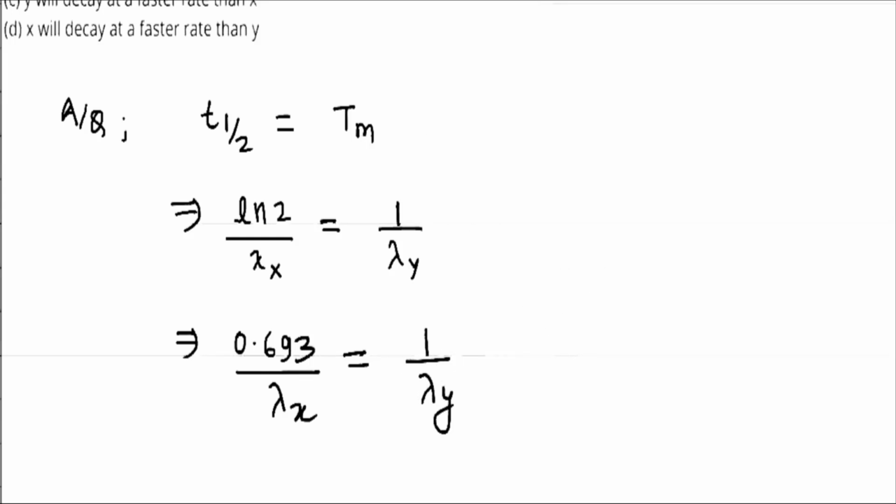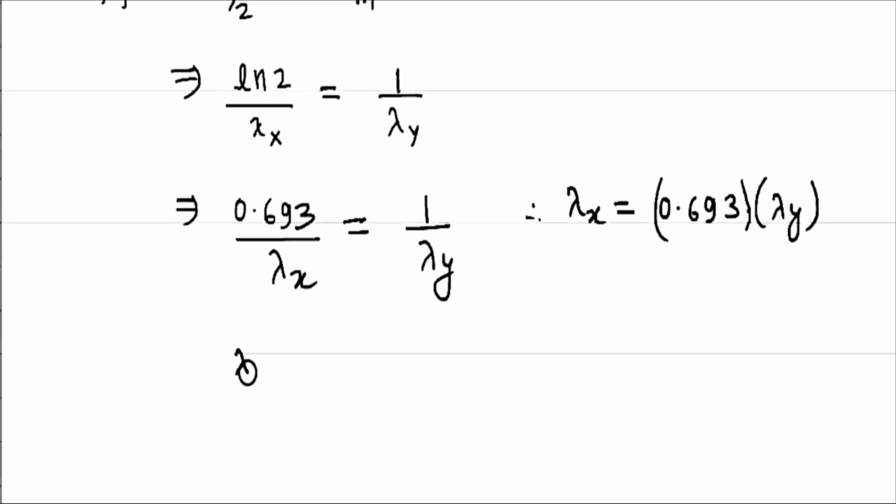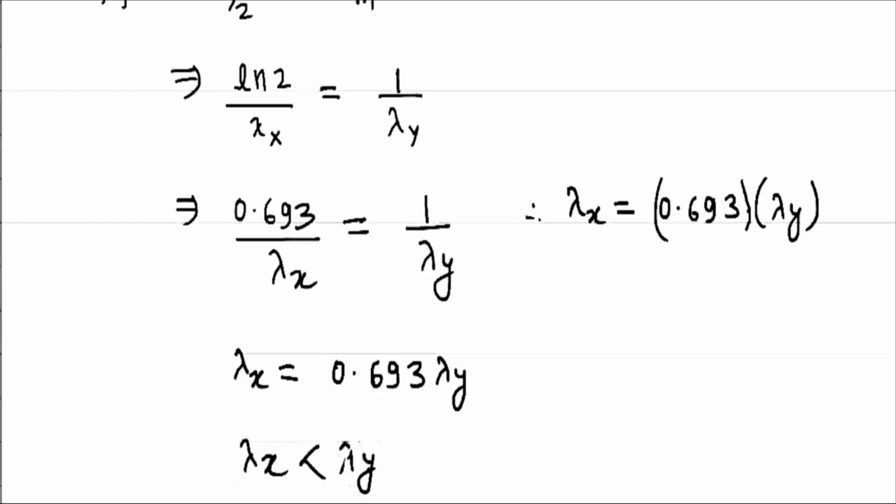From here we can write lambda of x will be equal to 0.693 times lambda of y. Thus we can say that lambda of x is less than lambda of y.